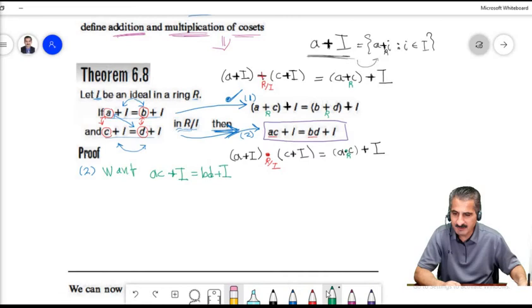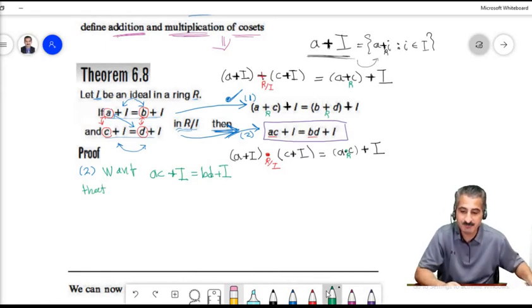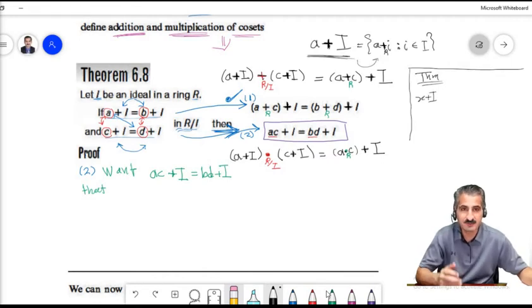But what does that mean? That means we want to show, remember a theorem, and let me write that theorem in here, and let me use different notations. We say the coset of I represented by x is the same as the coset of I represented by y, and this is true if and only if x minus y belongs to I. You remember that?